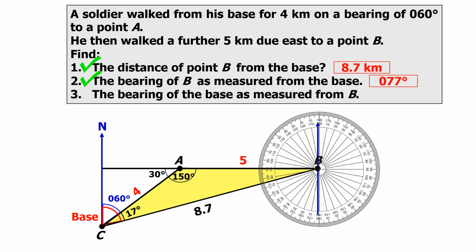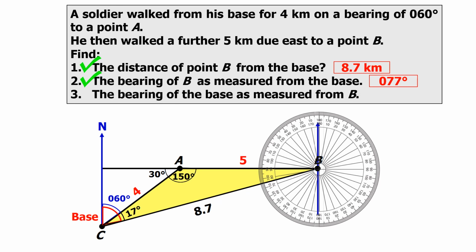Additionally, we could use our knowledge of the angles formed when a transversal cuts two parallel lines. In this case, the north lines are the parallel lines and the line joining B to C is the transversal. So in this case, we see the angle NCB is alternate to angle CBS, where S would have been the south line there.